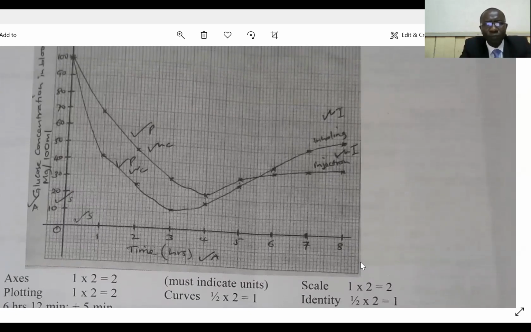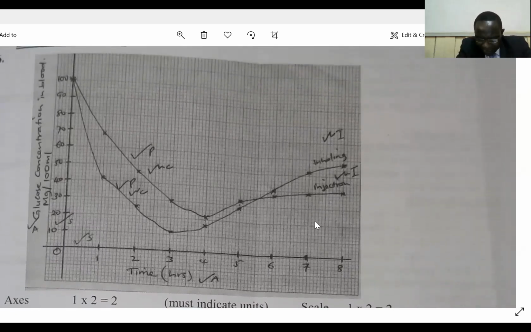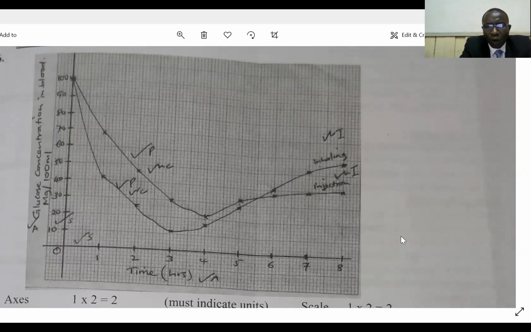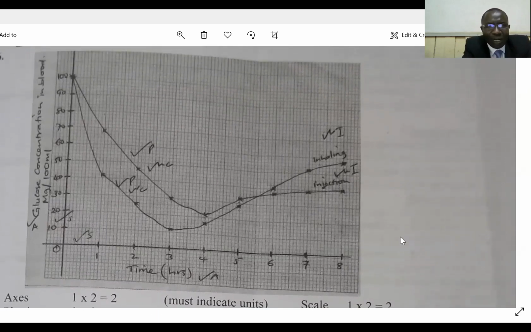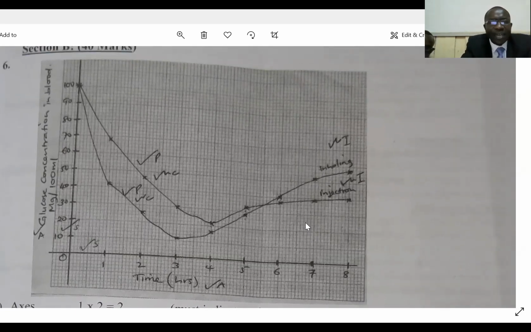What does that show? That shows that the reduction rate at the inhalation is very rapid compared to the reduction rate at the injecting.